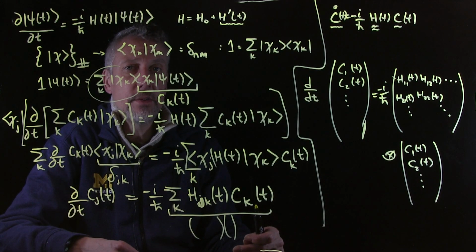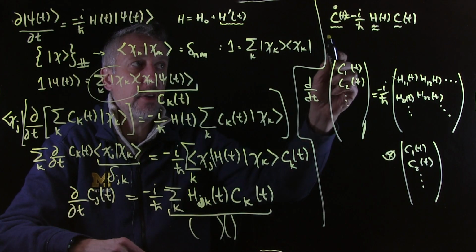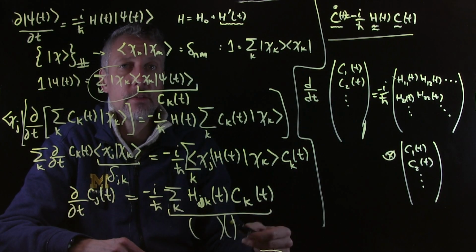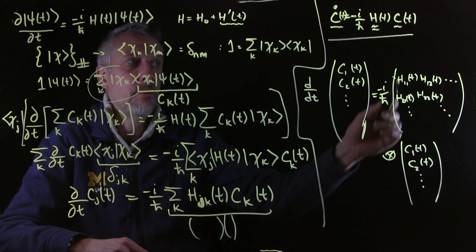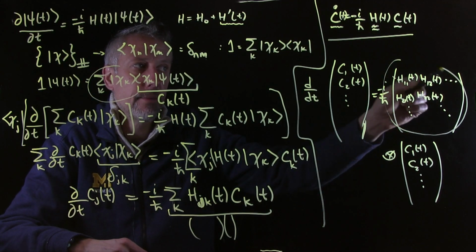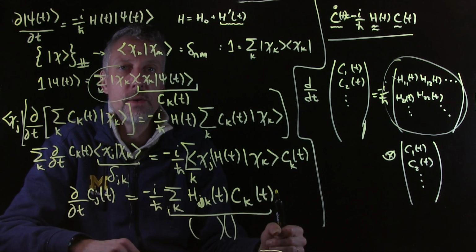All right, so this allows us, in principle, to solve any problem in quantum mechanics, provided, and this is the big problem, right? Provided we can write the Hamiltonian like this. Now, what's the problem that you end up with?